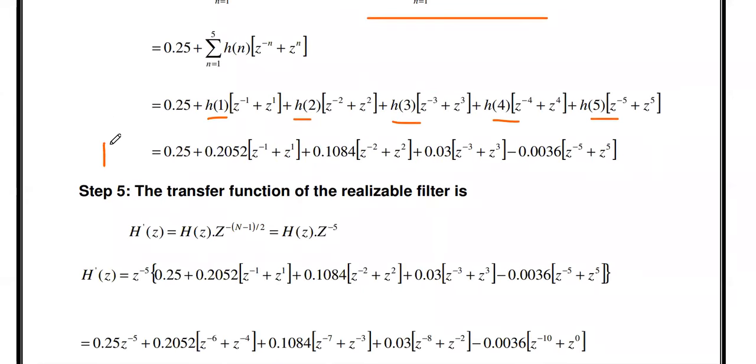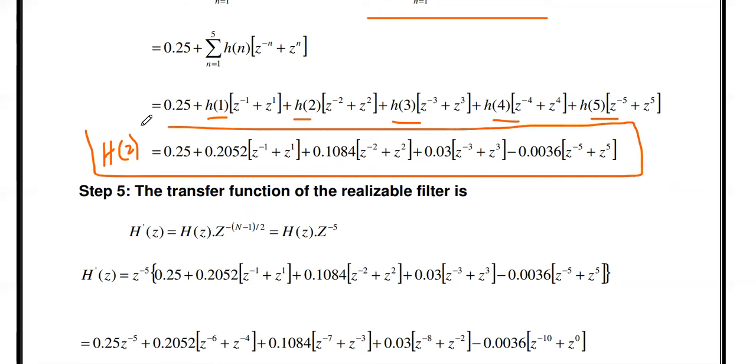So we get the transfer function H(z) equal to 0.25 plus 0.2052 into this, plus 0.1084 into this, plus 0.03 into this, and the h[4] value is 0, so that term cancels. Then minus 0.0036 into this. This is the transfer function of our filter.